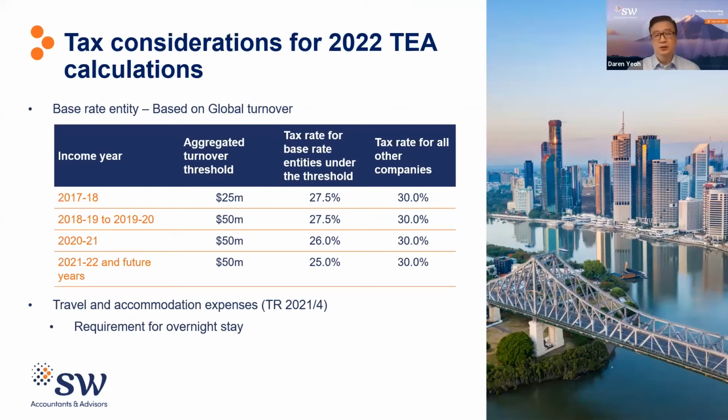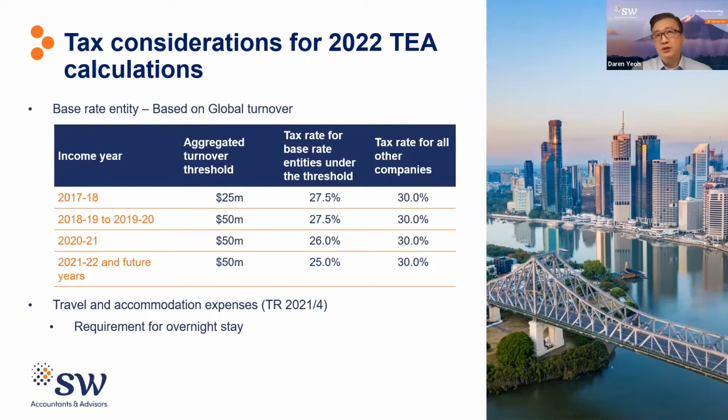So in terms of things to consider, the ATO has identified that some companies might be using the wrong corporate tax rate. The corporate tax rate is relevant to calculate your current and deferred tax balances. You enjoy a lower tax rate of 25% if you are a base rate entity.